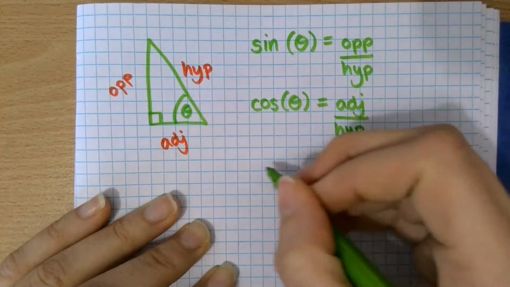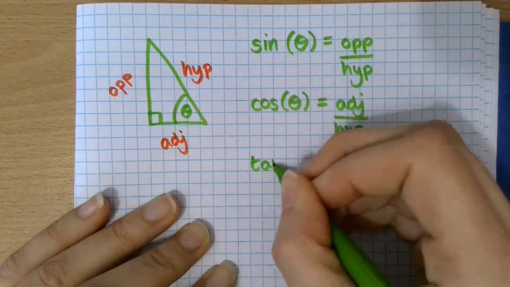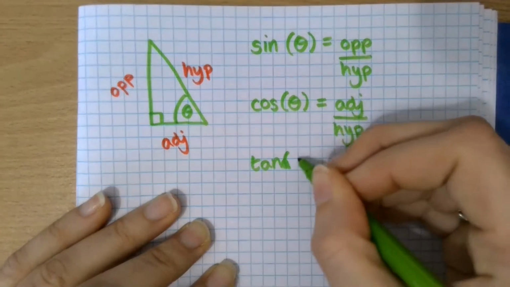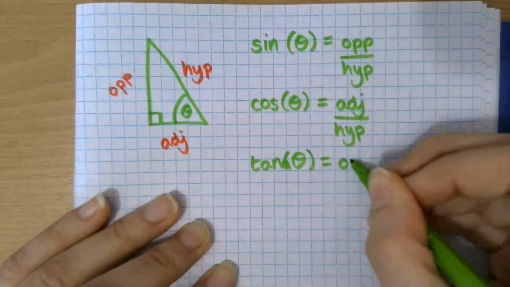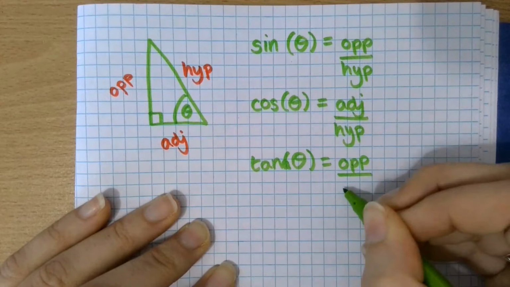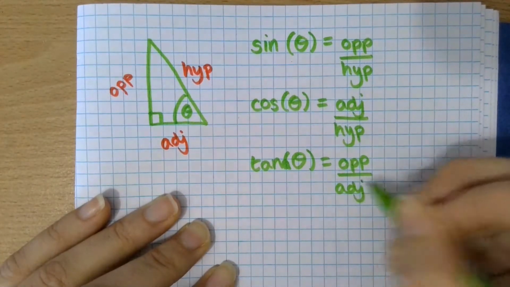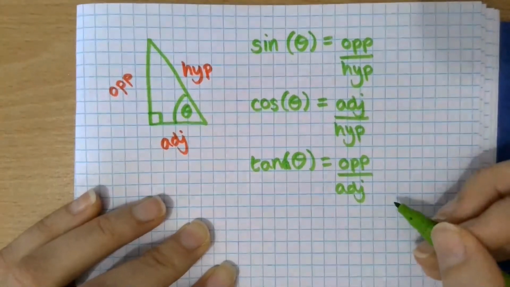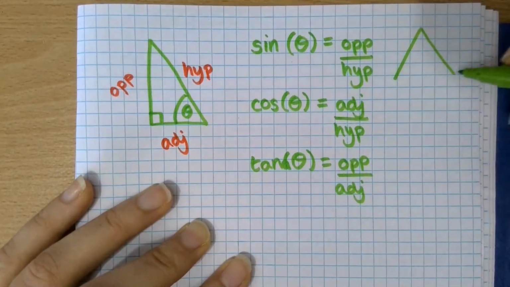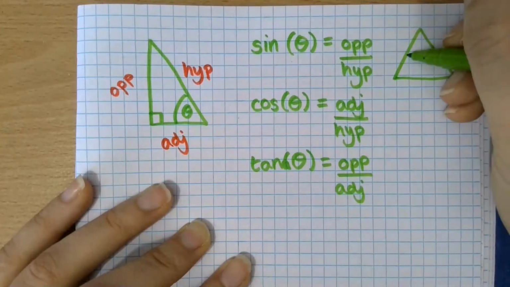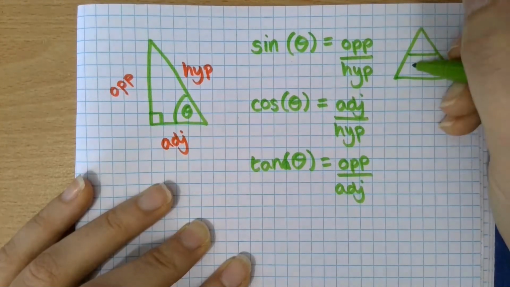And finally, we have the tangent ratio, abbreviated to tan on your calculator, and tan theta is the opposite side divided by the adjacent side. Okay, so we've got these three formulas. You can remember them as formula triangles. Personally, I don't use formula triangles, but I know a lot of people do.